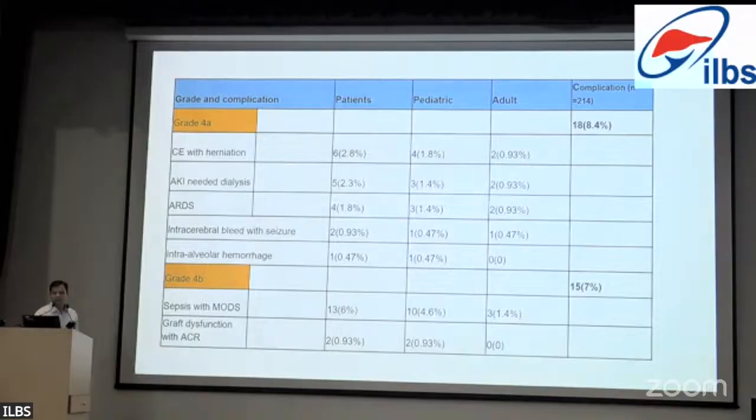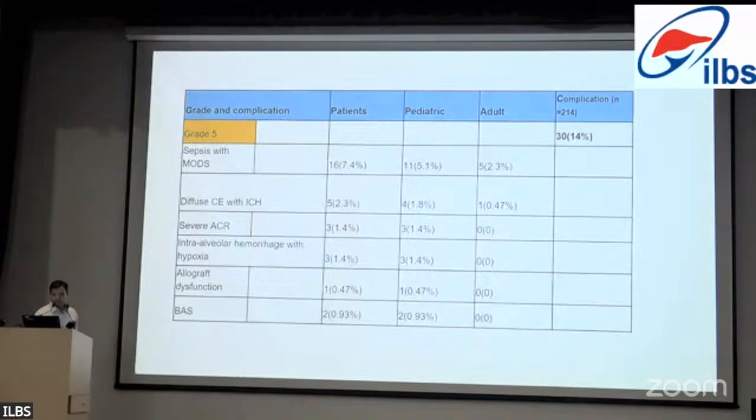Grade 4A complications happened in 8.4% of the patients, whereas grade 4B in 7% of the patients. Among these, the most common reasons for grade 4A complications are cerebral edema or sepsis. Coming to grade 5 complications, those leading to death in the recipients, they happened in 14% of the patients.